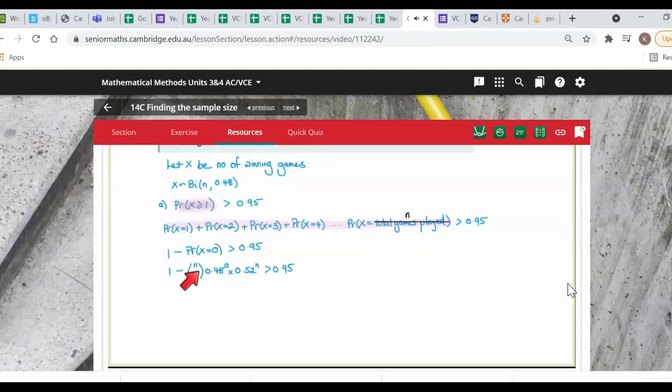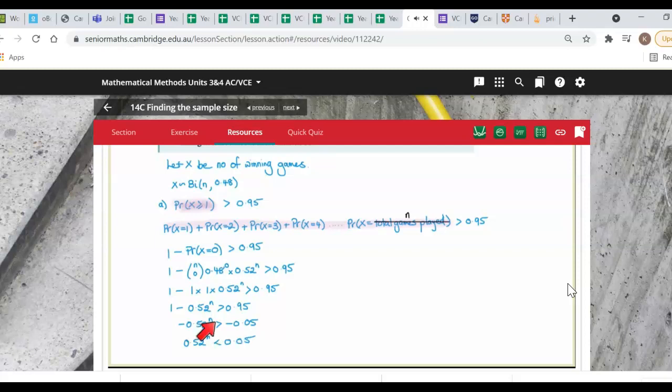Still looks a little tricky to solve because we don't know what n is, but we do know that anything choose 0 is equal to 1. 0.48 to the power of 0 is also 1, and that's multiplied by 0.52 to the power of n. And we can use our calculator to solve from here, or we can rearrange and make the inequation a little bit easier to solve.